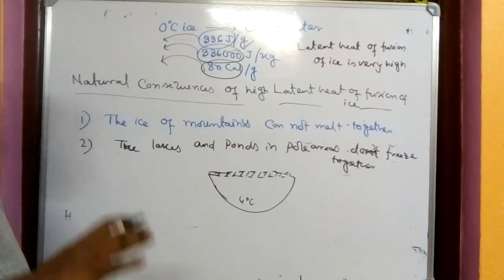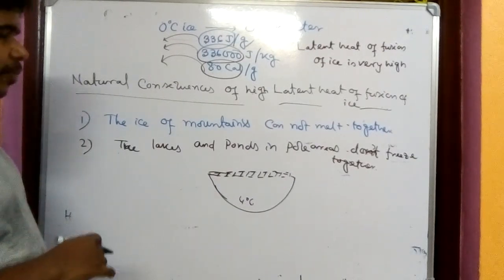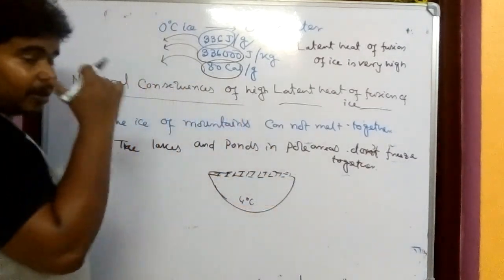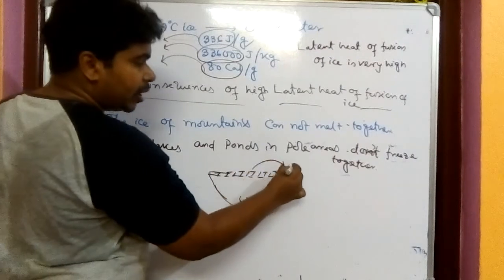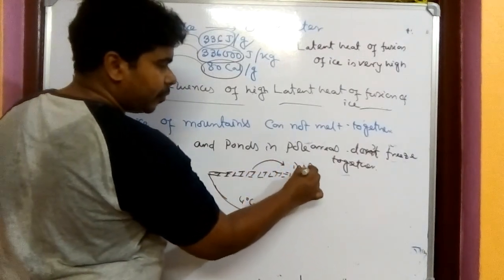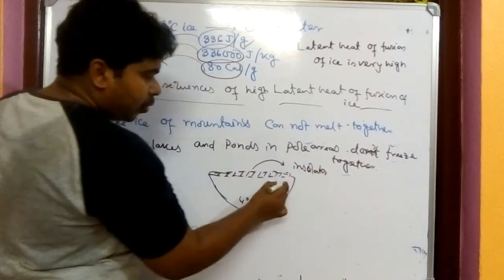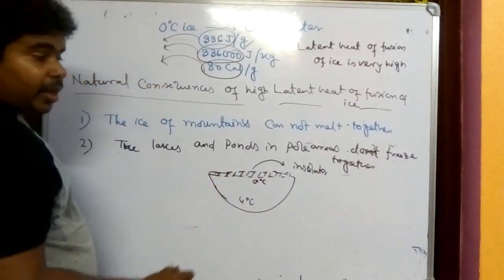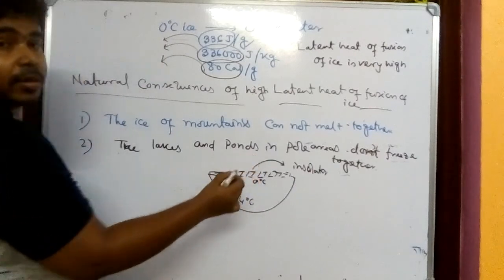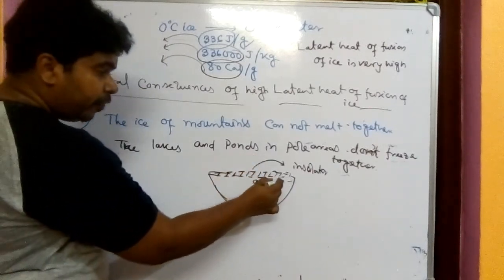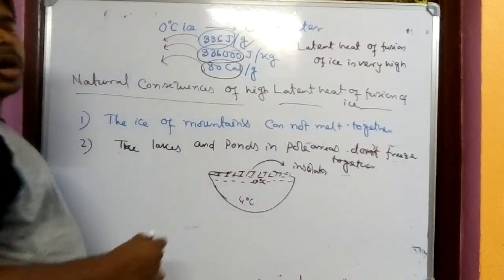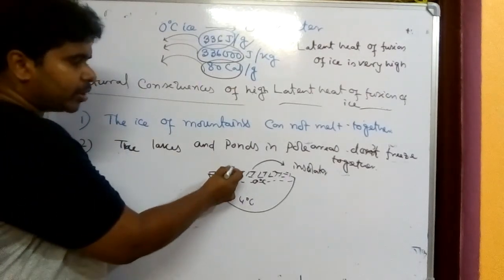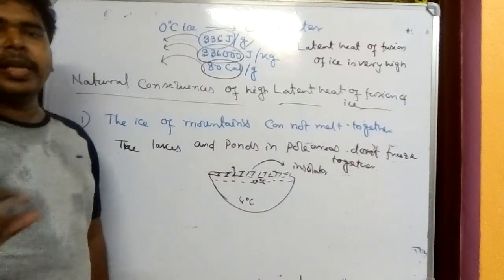Here also you see the beauty of nature. When the layer of ice comes, it works as an insulator. So if the water beneath the layer of ice is at 0 degrees centigrade, and it releases the latent heat and wants to convert into ice, to release that heat energy it has to cross this insulating barrier.